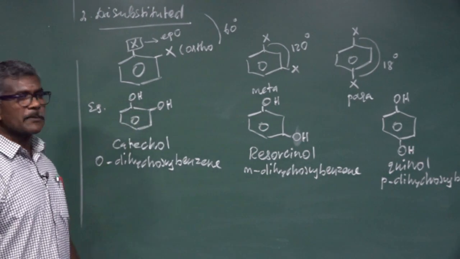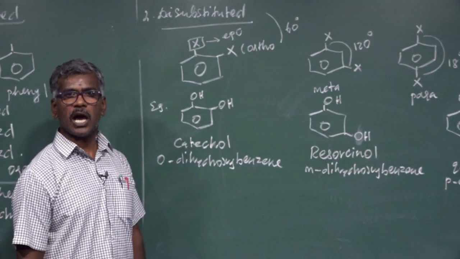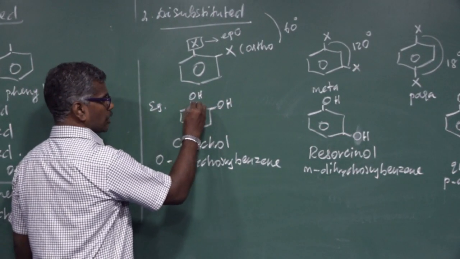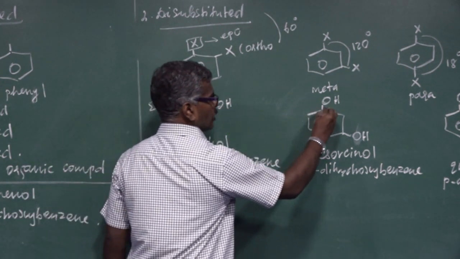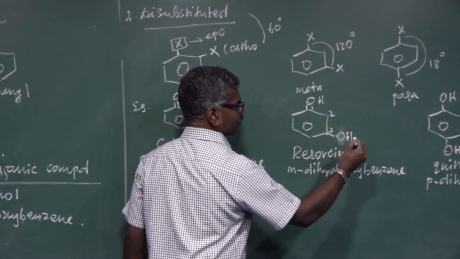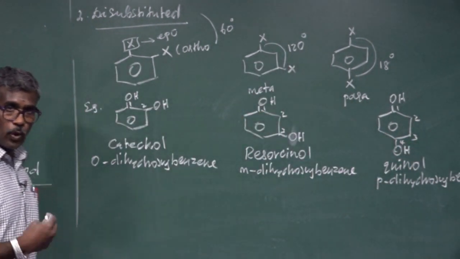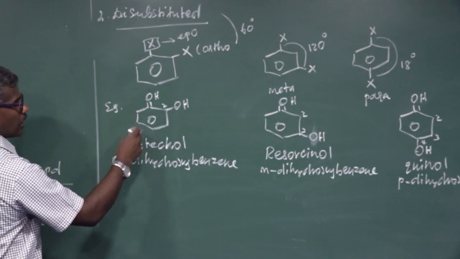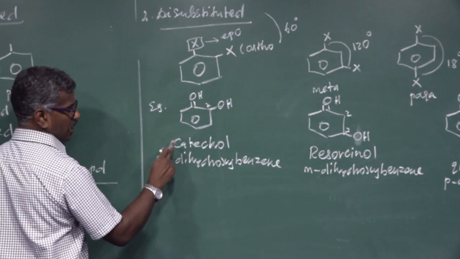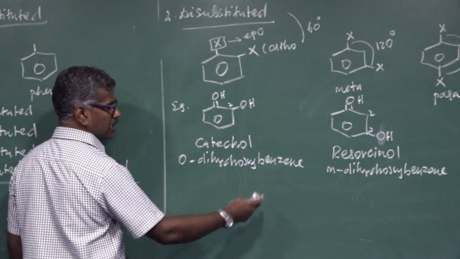Here there are two substituents. Any one of the substituents acts as a reference group. The reference group is the starting group: 1, 2. 1, 2, 3. 1, 2, 3, 4. What is one more common name? That is a common name. The first common name is catechol or orthodihydroxybenzene.